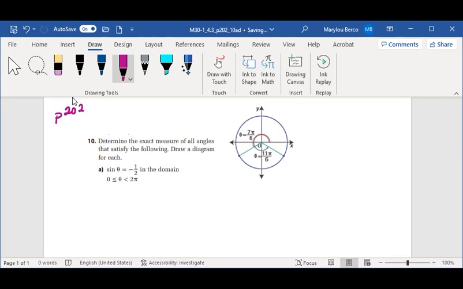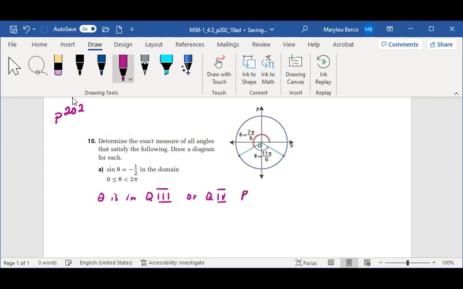This means that theta is in quadrant 3 or quadrant 4. If you've memorized your unit circle, that would help, and you would know negative 1/2 would be quadrants 3 and 4.